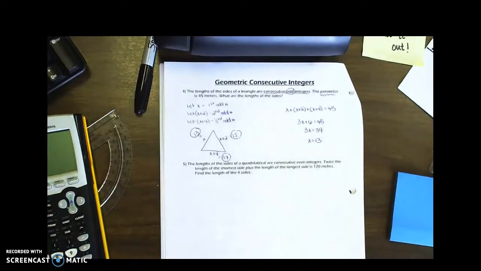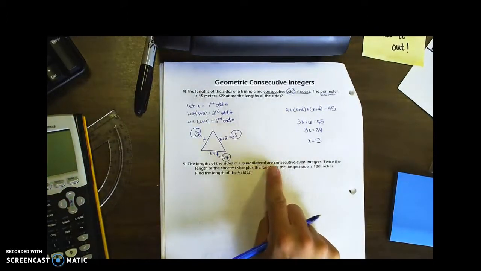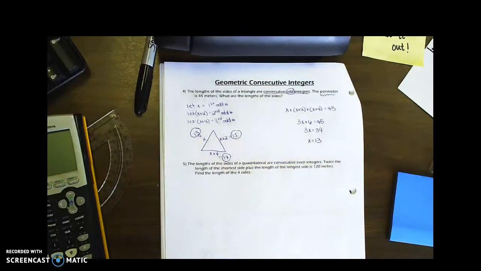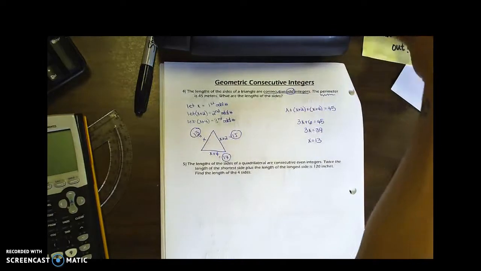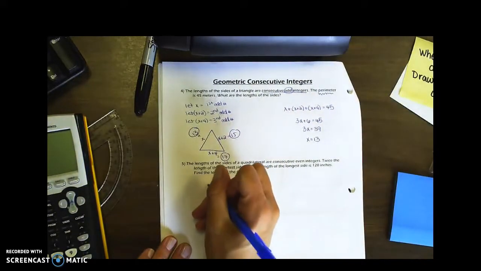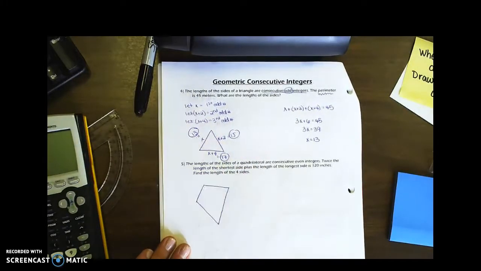Okay, let's take a look then at number 5, our last problem. The lengths of the sides of a quadrilateral are consecutive even integers. All right, so let's start right away, when in doubt, draw it out. So here we have a quadrilateral, so that's 1, 2, 3, 4 sides.